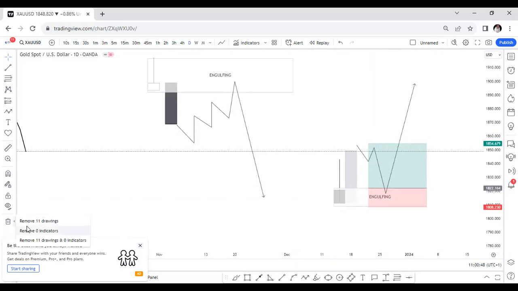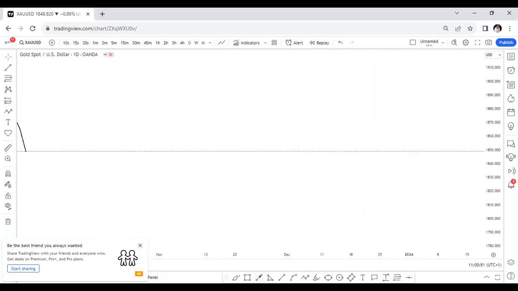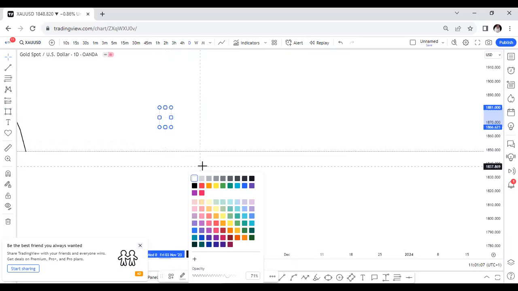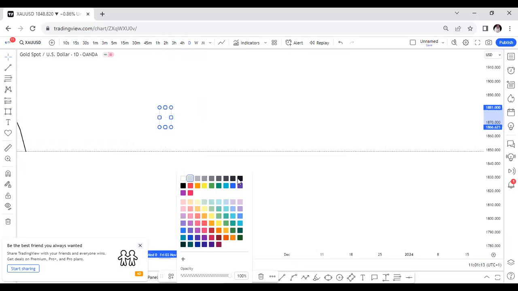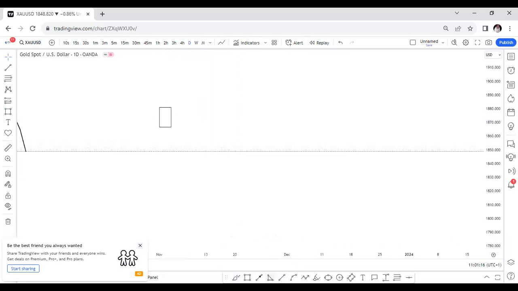Then how do you mark your zone, different levels of engulfing, so that you don't miss the entry points? If you have this as a bullish candlestick, for example, and you have the wick so long like that, probably you have another wick like this, the lower wick like this.